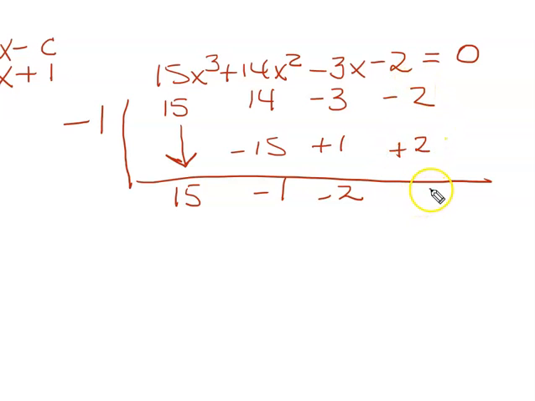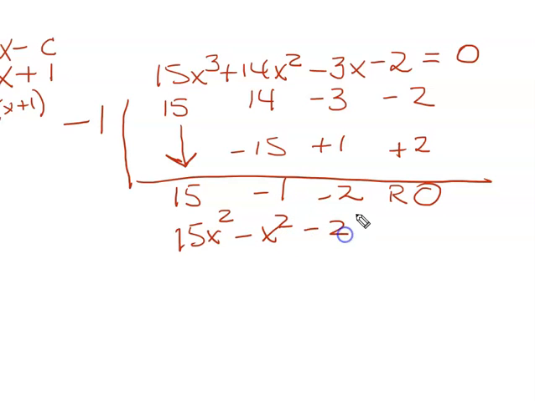So here we don't have a remainder. The remainder is 0. So then this x plus 1 is one of the factors. And then converting this to its quadratic form, 15 x squared, so it's always 1 degree less than what's here, minus 1, we don't write the 1, x squared, minus 2 would then be the other factor.